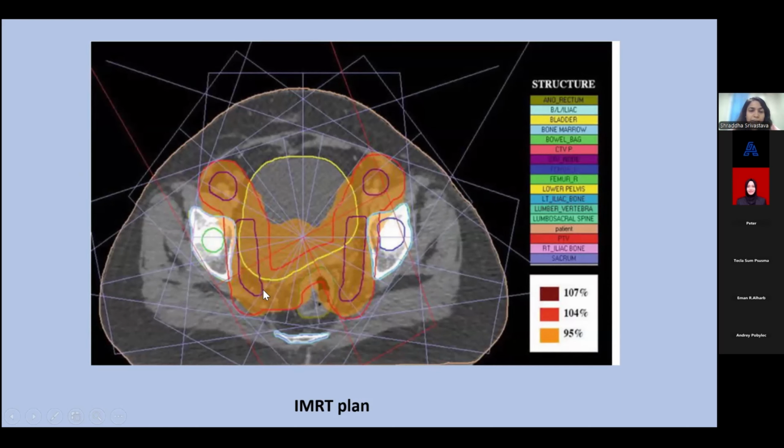There is less spillage of the radiation dose outside the tumor volume. With the help of IMRT, as we can see in the figure, we are able to spare the normal tissues to a greater extent. These are multiple beams that have been placed at different angles when the patient is on the treatment couch.